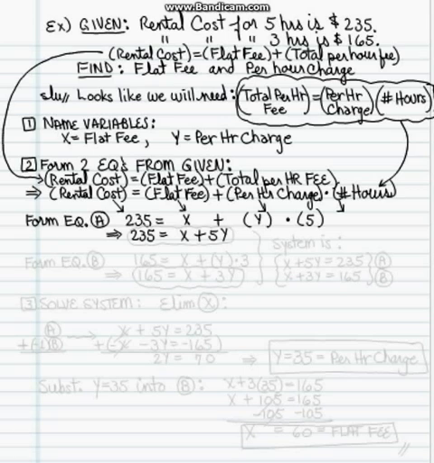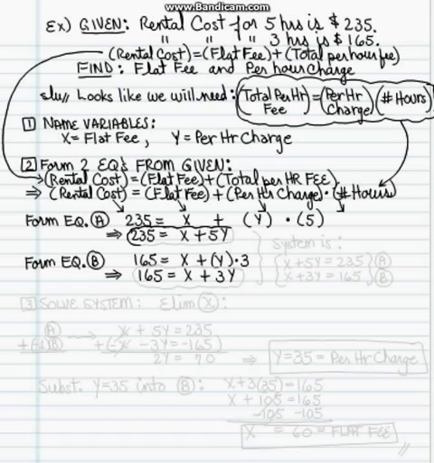That's my equation A. Now let's form equation B. That one, the rental cost, was $165. And that equals the flat fee, which we're calling X, plus the per hour charge, which we are calling Y, times the number of hours, which was given to be 3. Cleaning that up, equation B is 165 equals X plus 3Y.